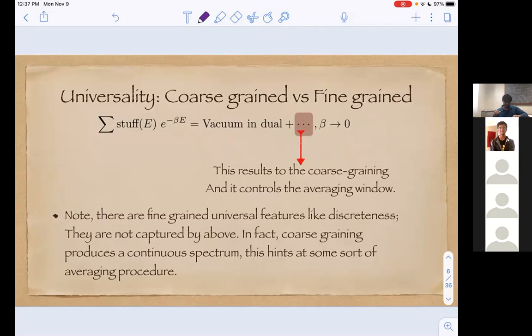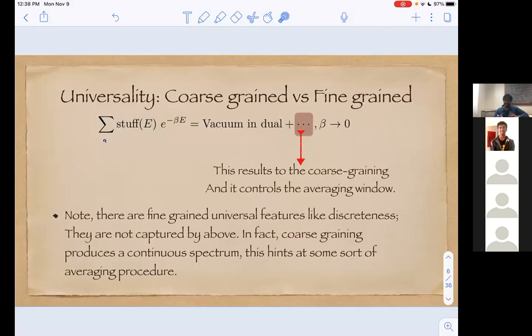As we mentioned, most of these techniques are based on the following identity, where I have a quantity which is some CFT quantity, and then there's a Boltzmann factor, and the idea is in the beta going to zero limit, this thing is dominated by the vacuum in the dual channel, and whatever we obtain by doing inverse Laplace is a coarse grained version of this stuff sitting here. And to be specific, we have some error terms here, and these error terms precisely control the coarse graining and precisely control the averaging window.